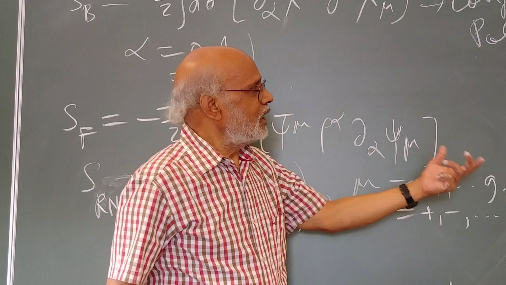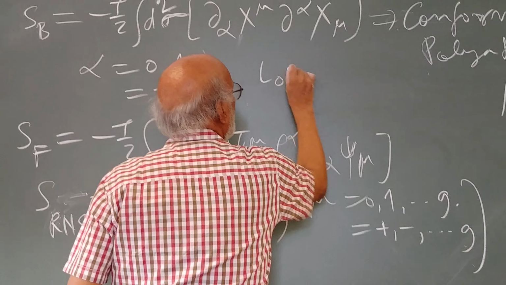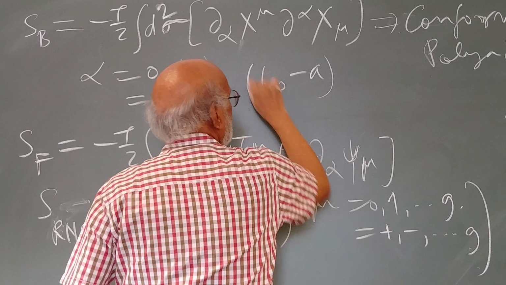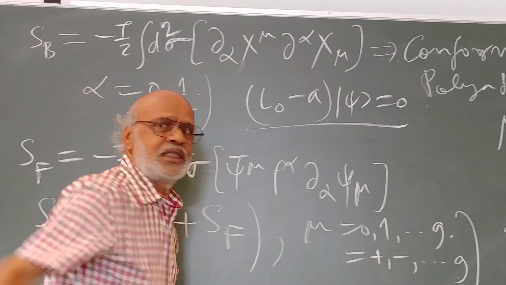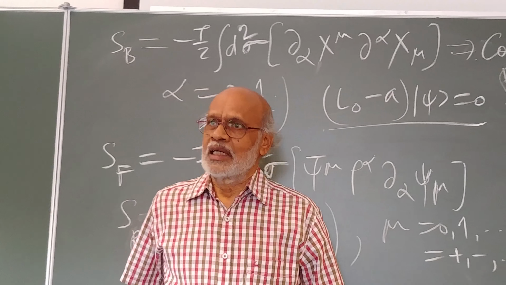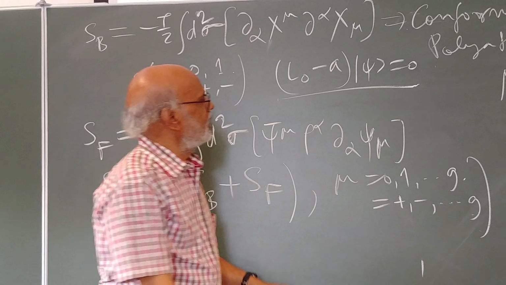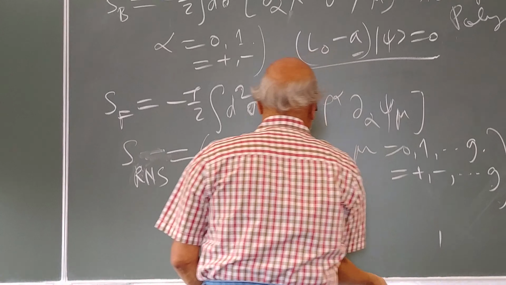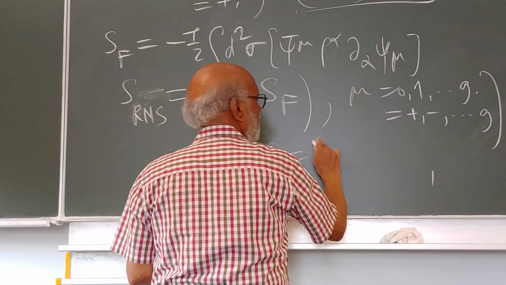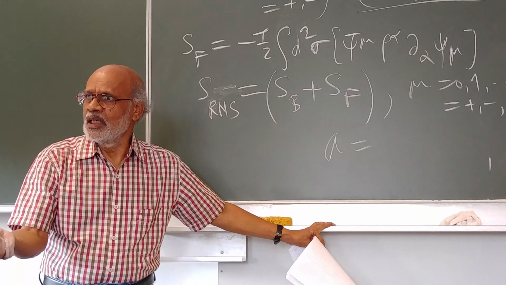There you derived that L0 minus A annihilated the physical states. You will have similar conditions here, Virasoro algebra and Virasoro constraints, and this normal ordering constant turned out to be related to the number of dimensions of the theory.